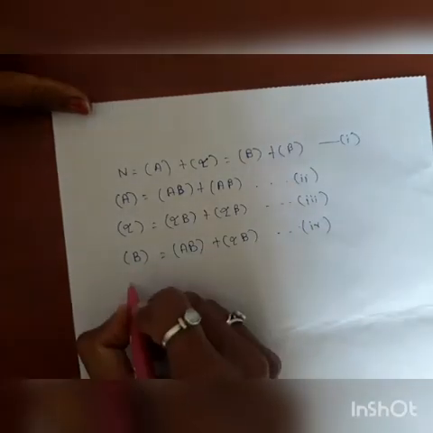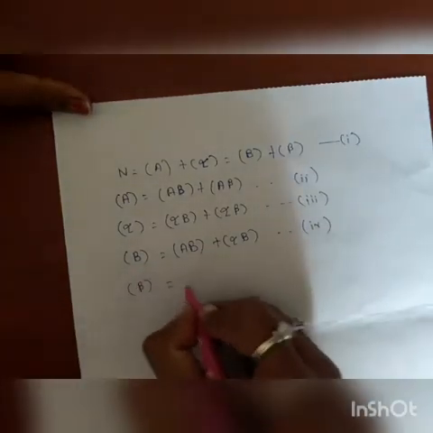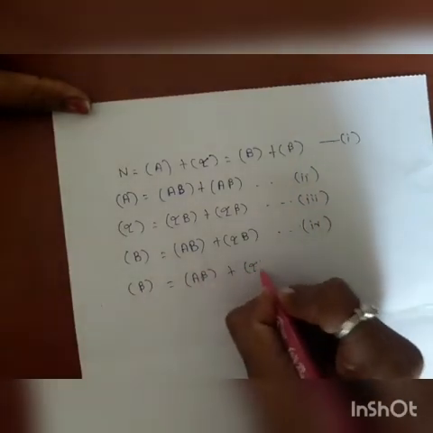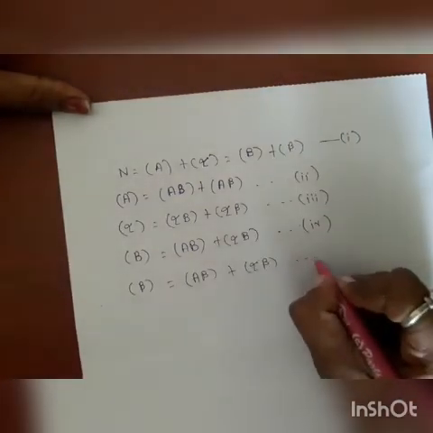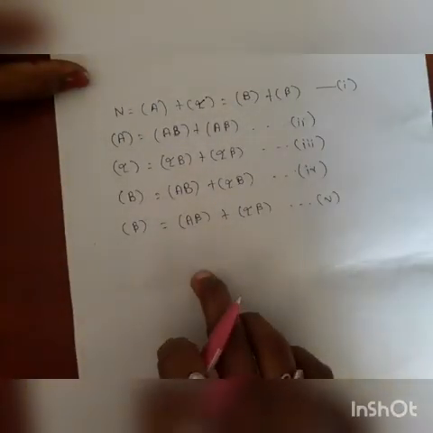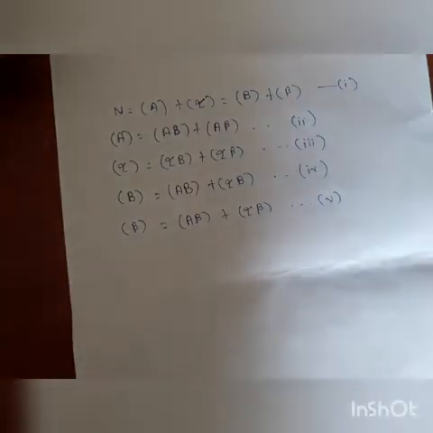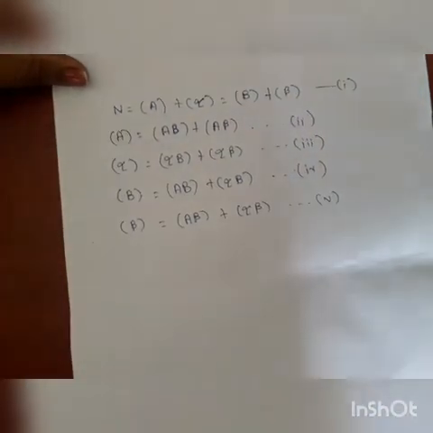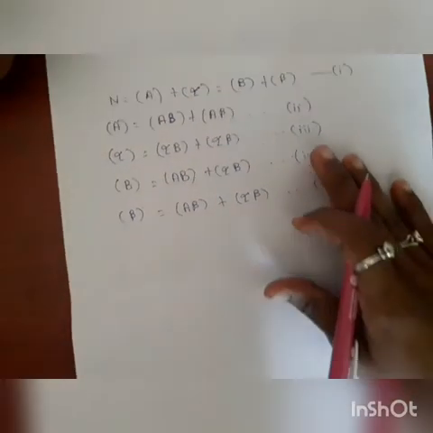And last, (β) is equal to (Aβ) plus (αβ), equation number 5. From these equations we already calculated the remaining frequencies in the last lecture, so I take the values directly.